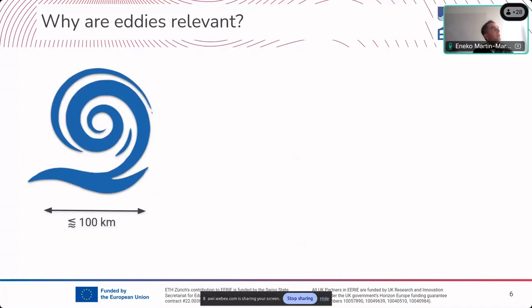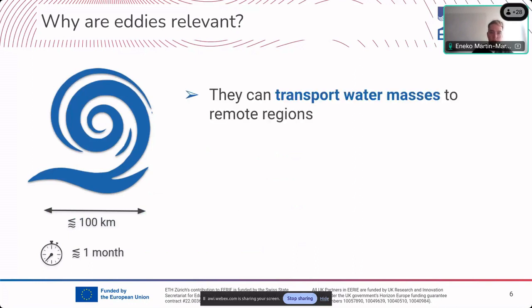But for those who are not, these are structures in the ocean. They are part of the ocean mesoscale processes. They have a length scale of around 100 kilometers or smaller, and they last for time scales of 1 month or smaller. We know that they are really important in the transport of water masses to remote regions, like, for example, water masses of different salinity and temperature.